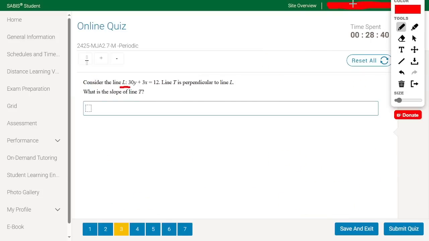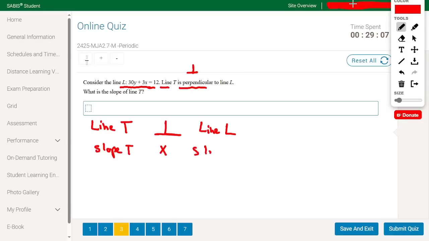Consider the line L, 3y plus 3x equal to 12. Line T is perpendicular to line L. So we have here line T perpendicular to line L, right? So perpendicular means that the slope of line T multiplied by the slope of line L will equal minus 1.